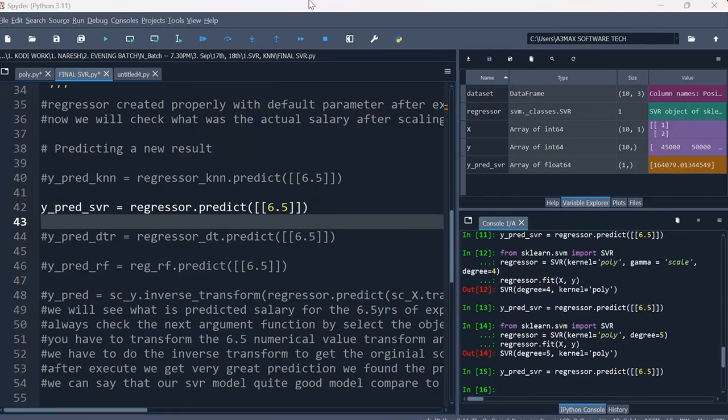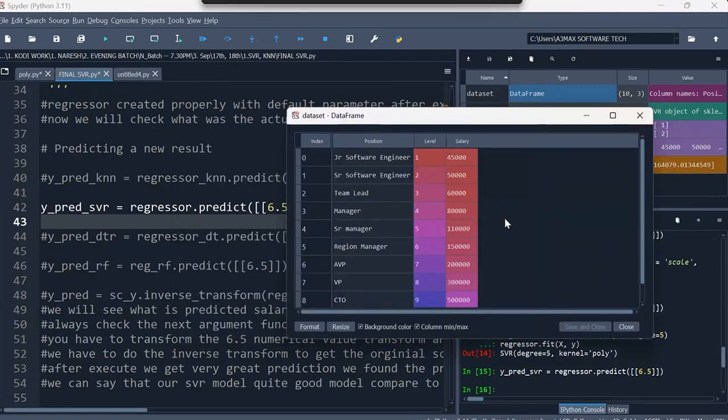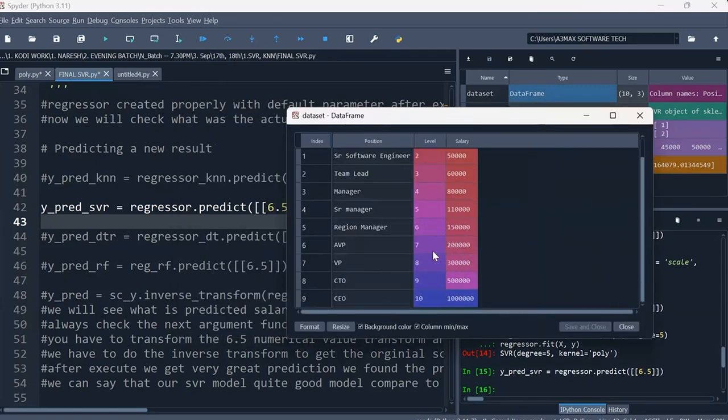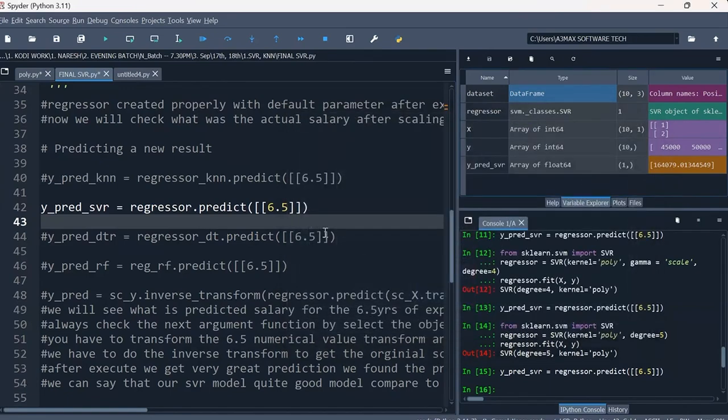So multiple people got different values. Ratan, you got poly, I got 197. But don't you think 170 is too high? No company offers that much salary if you compare to the data. 197 means it's almost like AVP level. So for the experience, 164. Yeah, for me also 164.